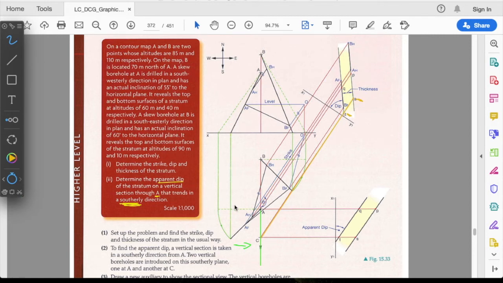Then we project from C into my new auxiliary, with the X and Y1 line parallel to whatever direction our vertical section is taken in. And I would put S and T in there, so I'd have my heights for S and T, which I would have taken from this view up here.